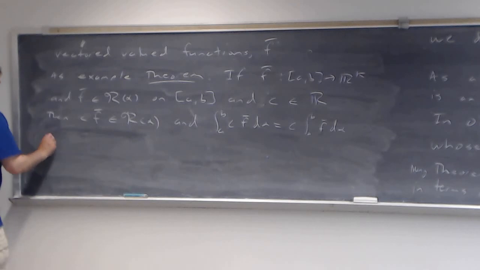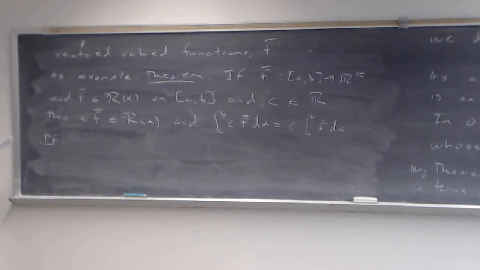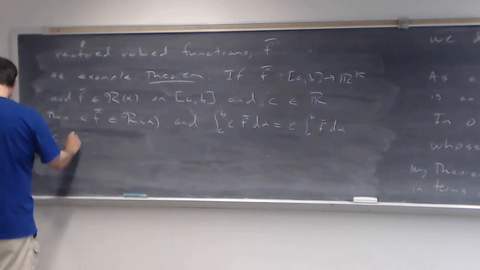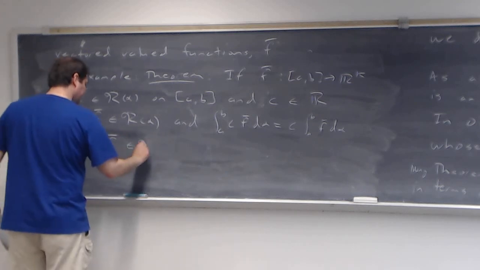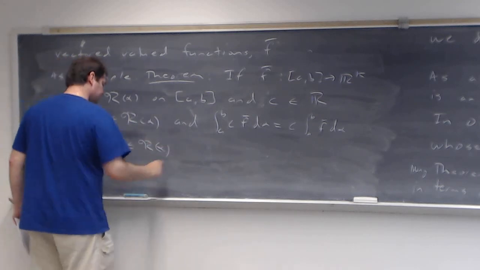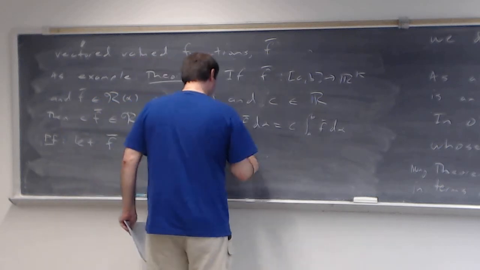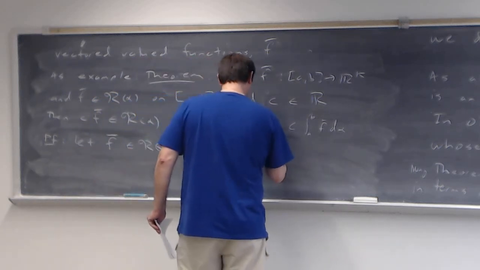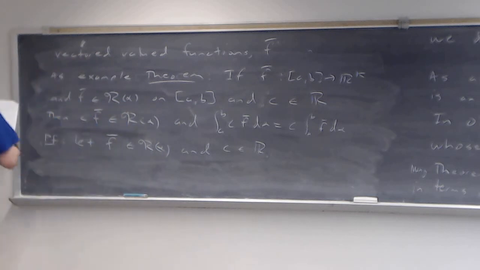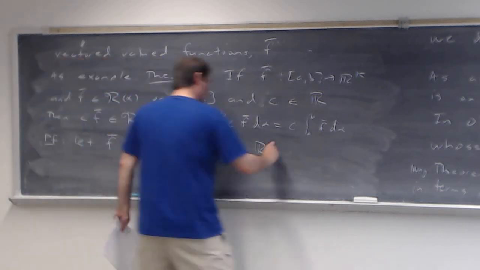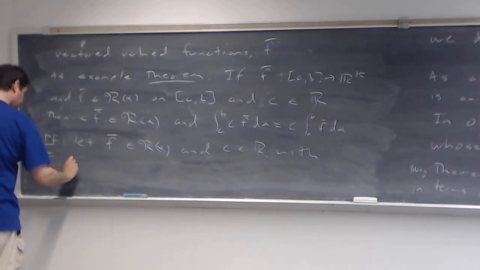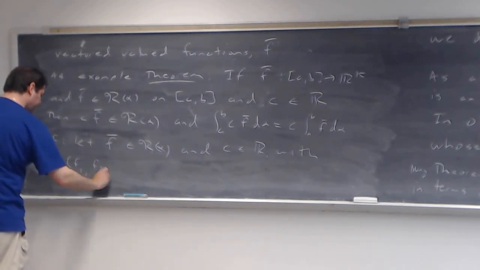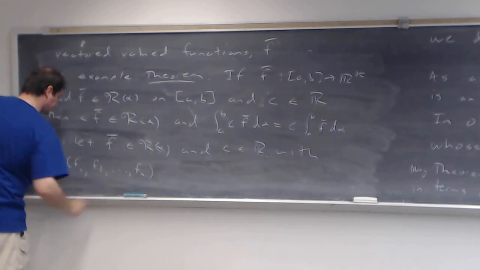Let's look at this proof. So here, we let f bar be an element of the Riemann-Stieltjes integrable functions, and c be an element of the real numbers. Let's go ahead and denote f bar as f1, f2, all the way up to fk.